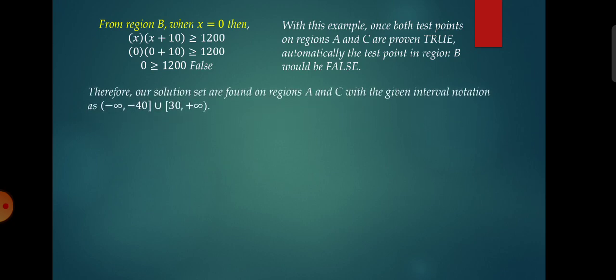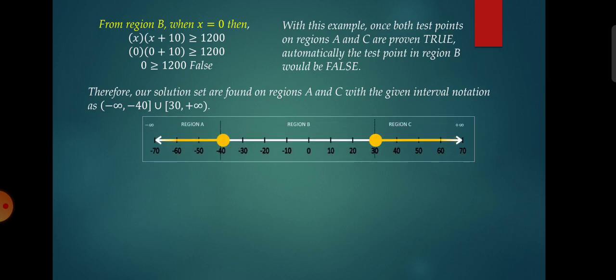Therefore, our solution set is found on regions A and C, with the given interval notation as follows. We use a closed bracket for negative infinity to negative 40, because negative 40 is included. Then union with an open bracket starting at 30 to positive infinity, close parenthesis.